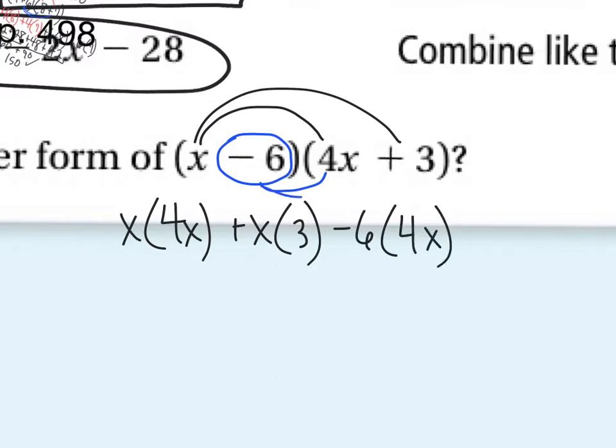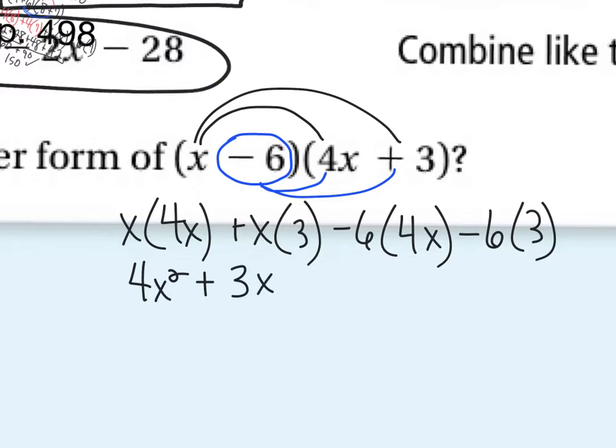So just make sure you don't lose that sign. And then we're multiplying. So remember, we're multiplying here. We've got x times 4x. So we know we're going to have a 4, and then x times x is x squared. x times 3 is the same as 3x. And this would be minus 24x and minus 18.